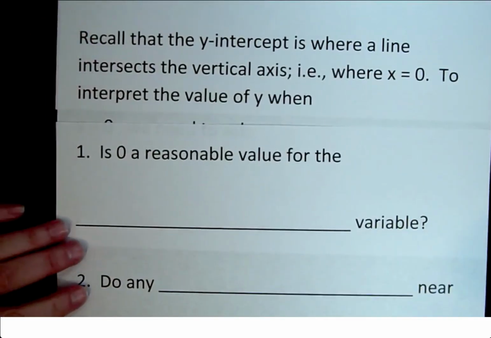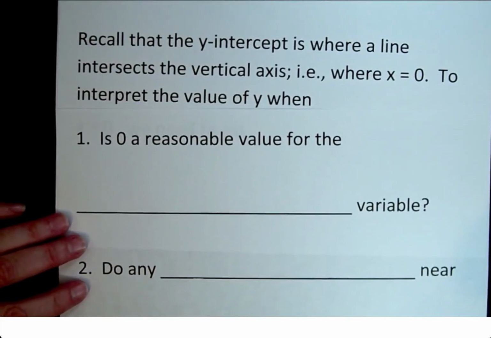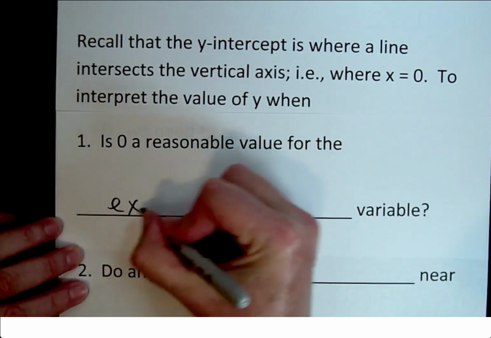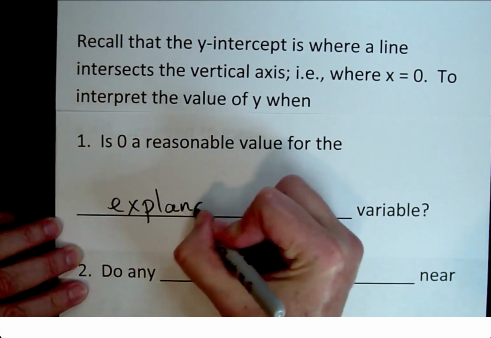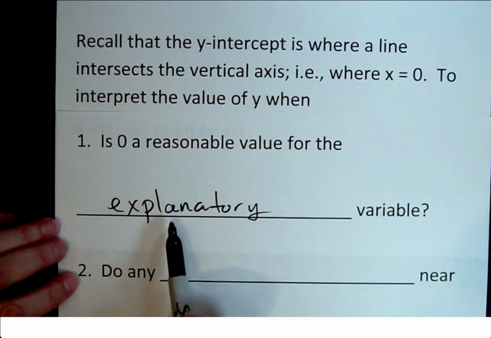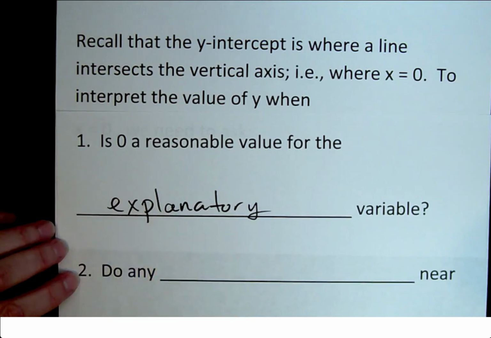First, is x equals 0 a reasonable value? Remember we called x the explanatory variable, the one that explains the other variable. If it's not a reasonable value, then there's no point interpreting what you get if you put that value in.